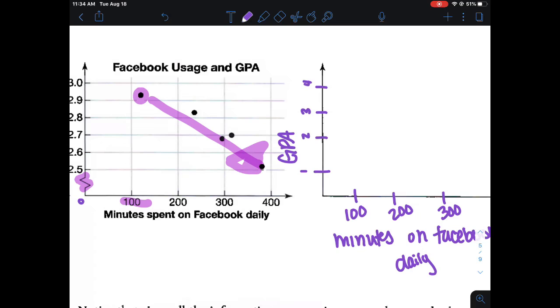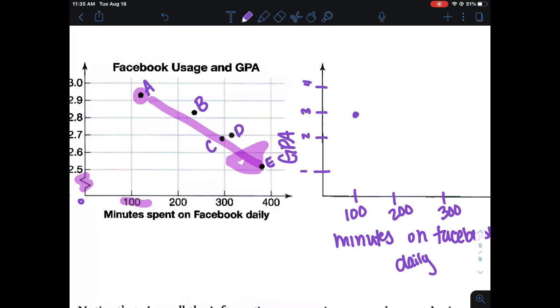And then I'll regraph those points and see how that changes the relationship between GPA and time spent on Facebook. So my first point, let's label it A, B, C, D, and E, just so it's easier for you to know which point I'm talking about, because I can't actually point to it on the board. So point A, I'll redraw a little over 100 minutes and a little bit above a 3.9 GPA. So that's approximately right here. Kind of hard to graph on my new graph because the increments are larger. Point B is a little over 200 minutes and a 2.85.